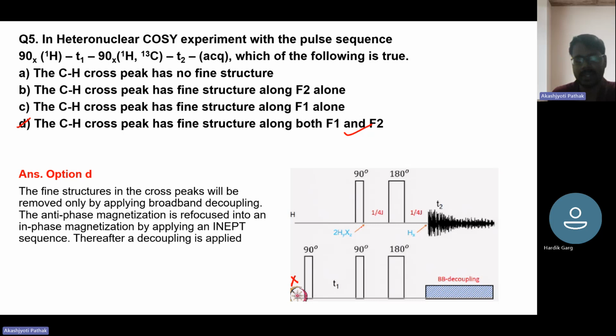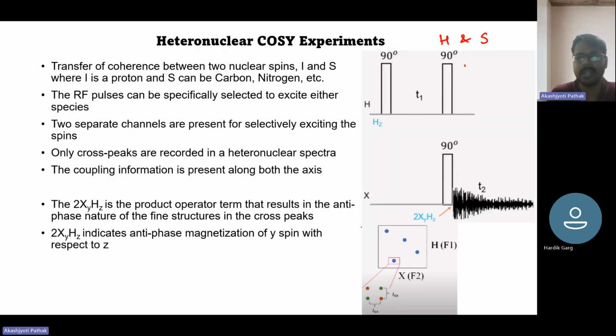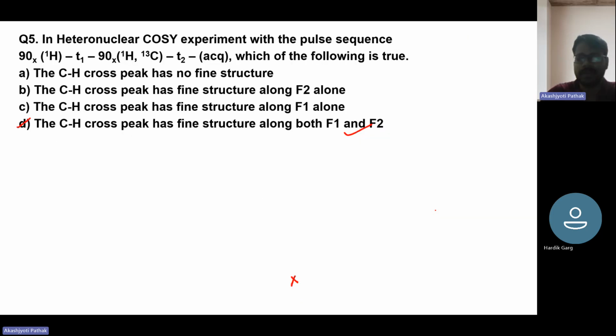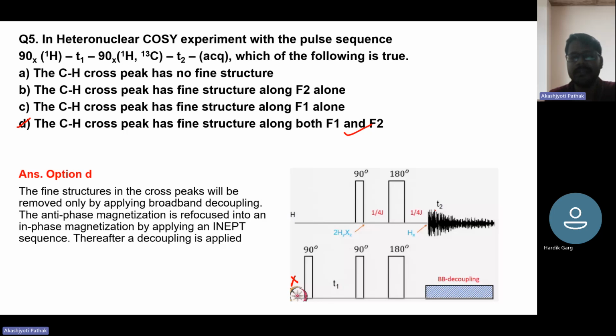This antiphase magnetization that we are seeing here, 2XYZ, gets refocused by applying this INEPT pulse sequence: 90-degree, 1 by 4J, 180, and then again 1 by 4J. This causes the refocusing, and after refocusing we get an in-phase magnetization, and then this in-phase magnetization is decoupled so that the fine structure of the cross peaks in the F1 and F2 dimensions gets removed.